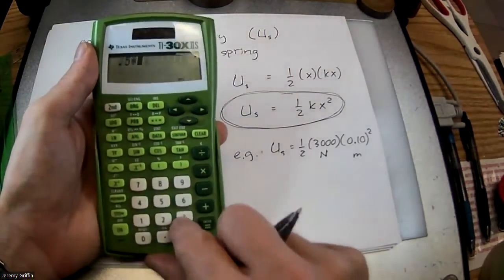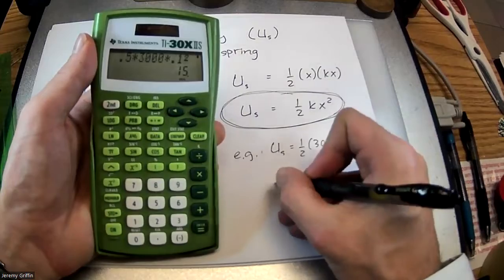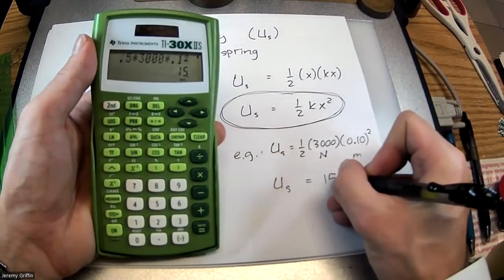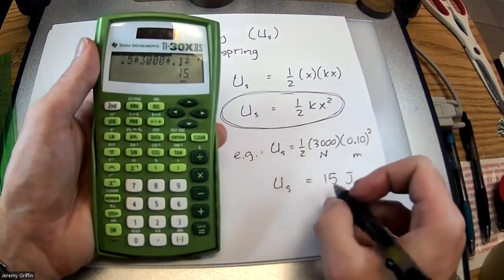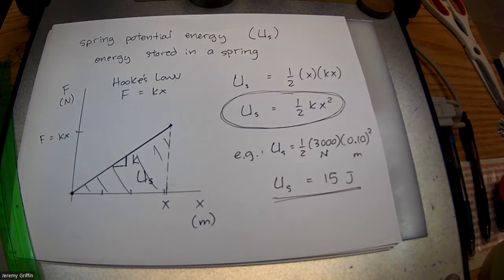So it's 1/2 times 3,000 times 0.1 squared. And that gives me 15 joules. Let's say there's 15 joules of energy stored in that spring. It also takes 15 joules of work to stretch or compress it to that point. Okay, guys good?